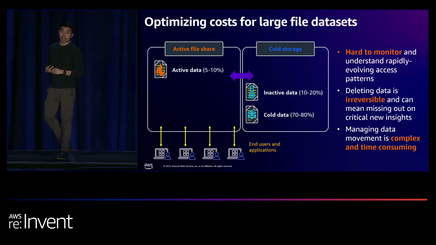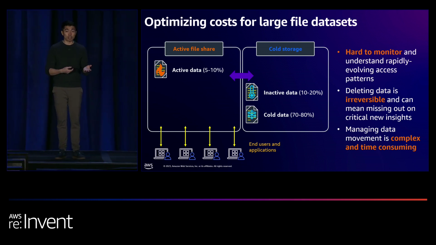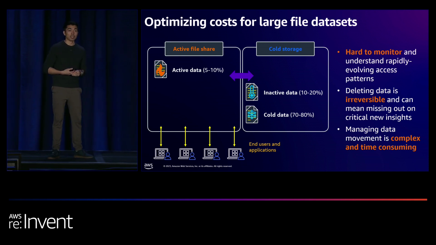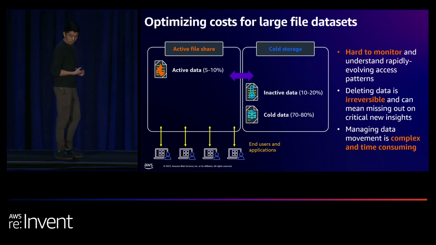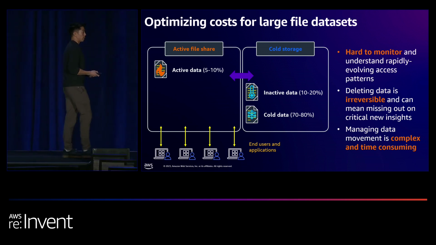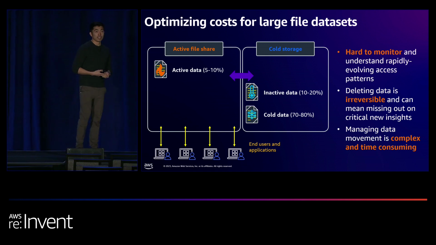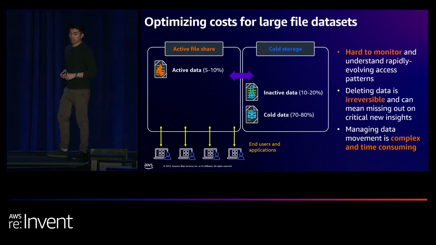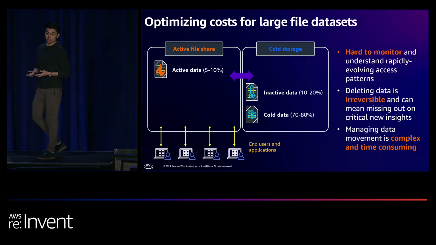And when your end users and applications are trying to work with that data that you've moved, you need to have a separate process that goes and finds it and brings it back to the file share so that they can collaborate on it again. And retrieving some of this data from those cold asynchronous storage solutions can sometimes involve hours of data retrieval time. And when it comes to delivering mission-critical insights, all of those hours matter.